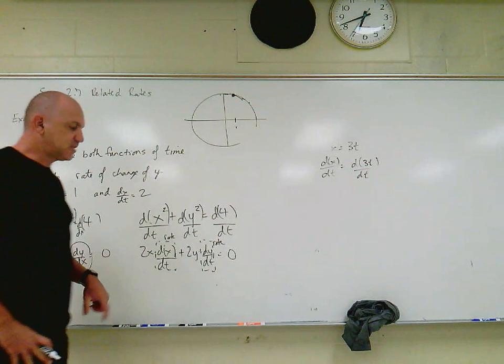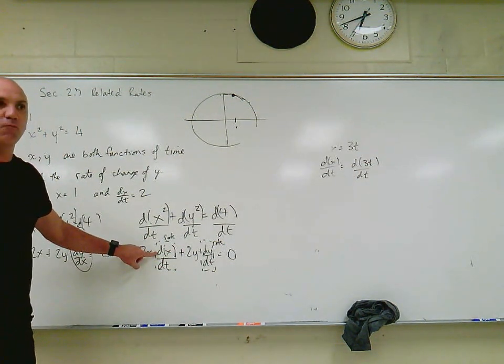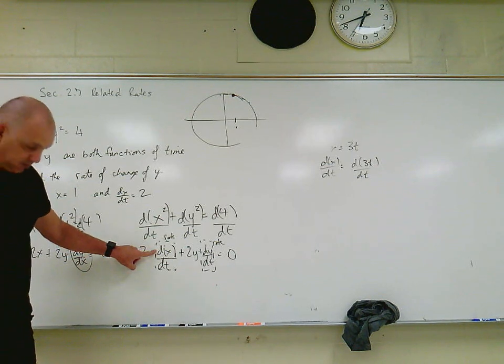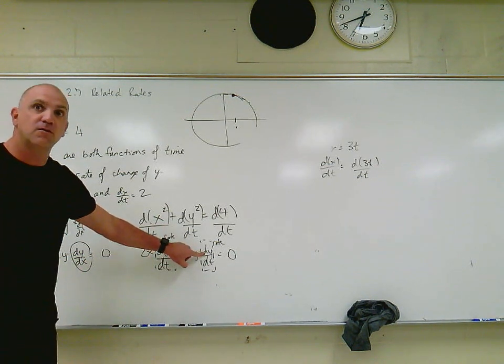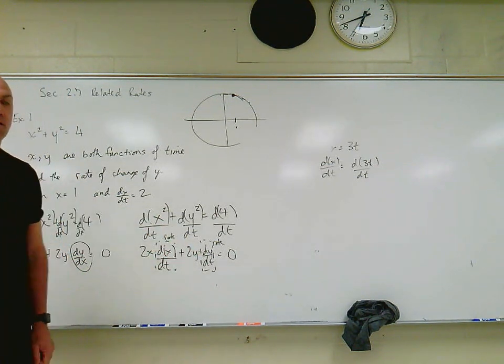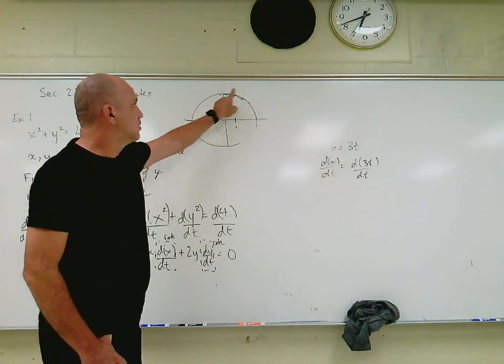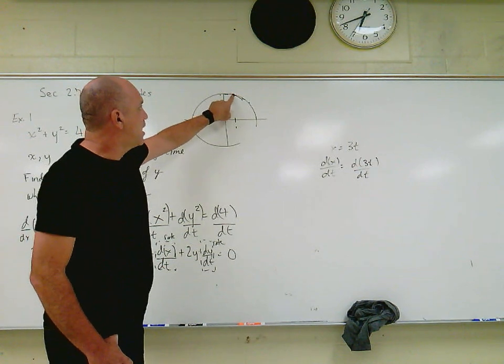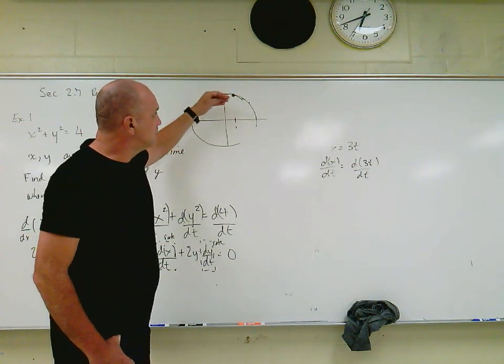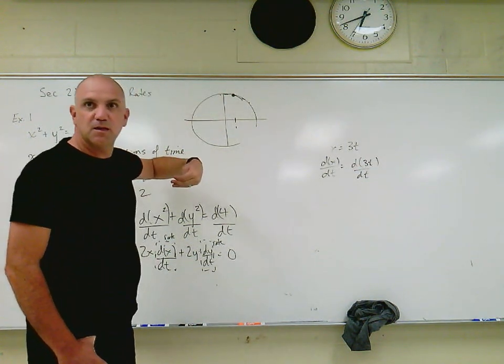So let's be specific. This is the rate of change of what with respect to time? The rate of change of x, very good. This is the rate of change of y with respect to time. So basically, you've got a point that's moving around the circle. As it moves, it has a speed in the x direction and a speed in the y direction.